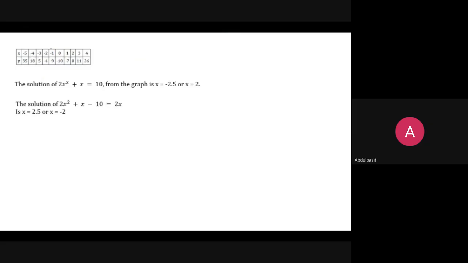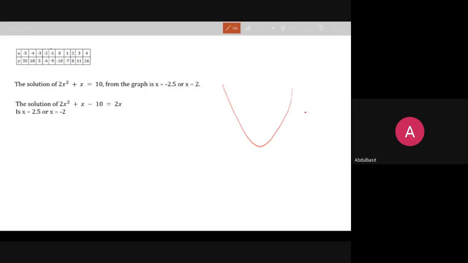When you plot the graph, the solution for that is x equals minus 2.5 or x equals 2. The graph cuts the x-axis at those two points, 2 and minus 2.5. Then when you plot this including the line, it cuts it at, when you trace the x value, 2.5 and minus 2. So it should be like minus 2 and here should give you 2.5.